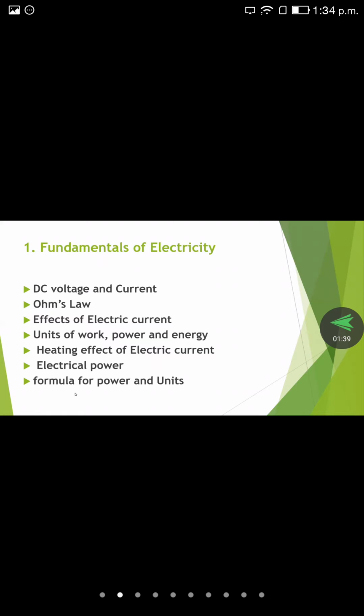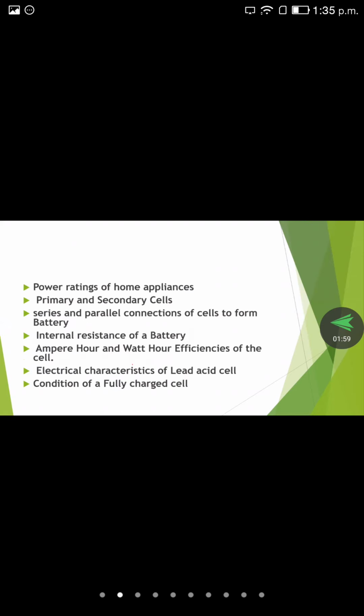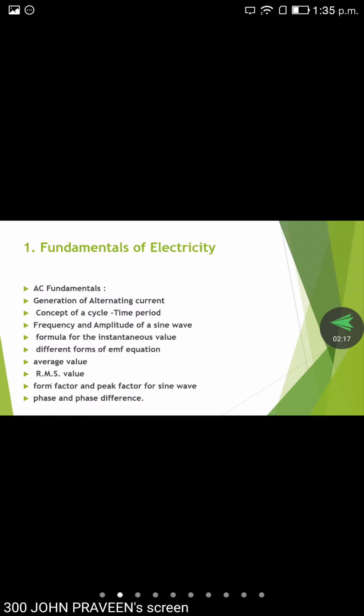In case of DC, voltage and Ohm's law, next effect of electric current, units of work, next heating effect, electrical power, formula for power and units, next power rating of home appliances, primary and secondary cells, series parallel connection, internal resistance of battery, ampere hours and watt hour efficiencies, electrical characteristics of lead acid cell, next conditions of fully charged cell. These are the DC fundamentals.